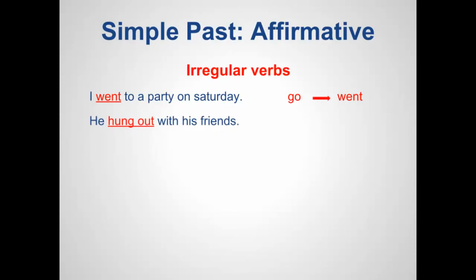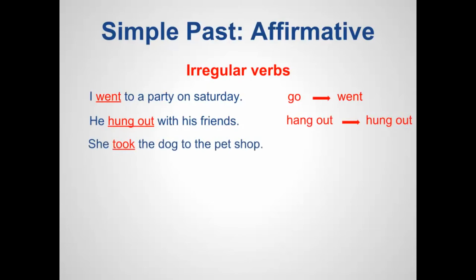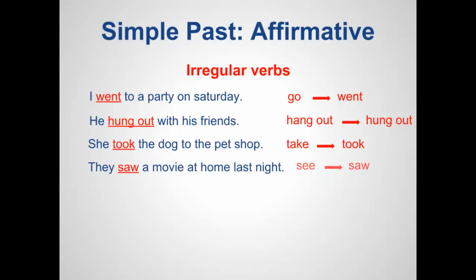He hung out with his friends. Hang out, hung out. She took the dog to the pet shop. Take, took. They saw a movie at home last night. See, saw.